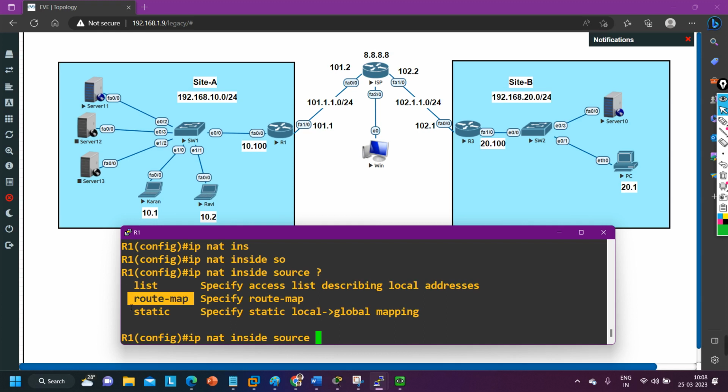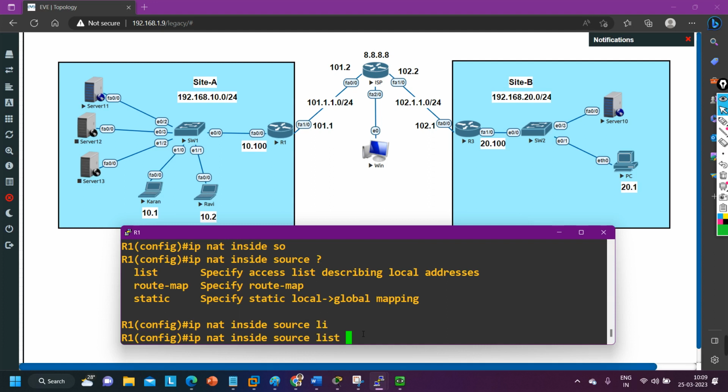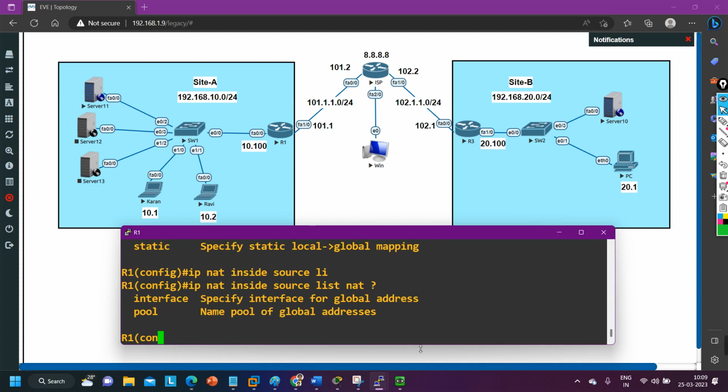If you have configured a route map, you will define the route map over here. If you want to provide a static mapping, you can provide that as well, specifying static local and global mapping. Now here I am going to say match source from list, and the list is NAT. This is the name of my ACL.